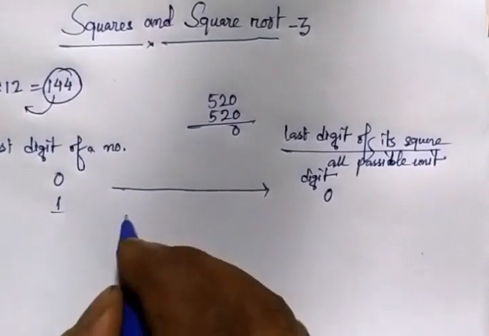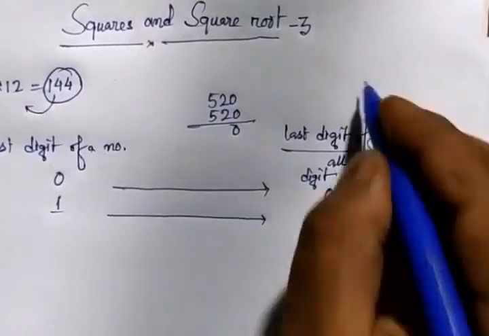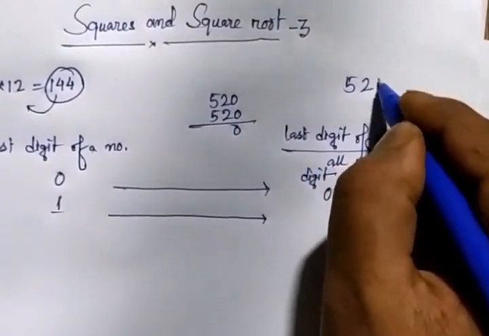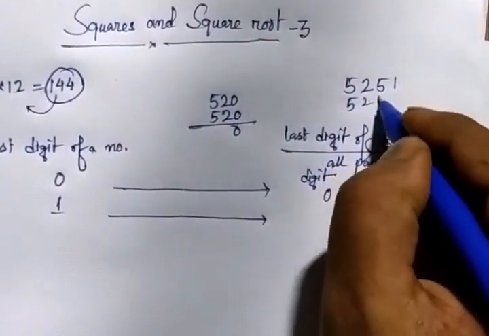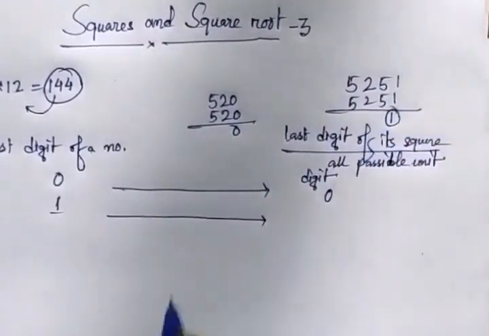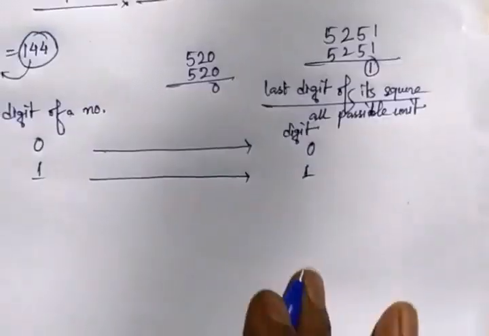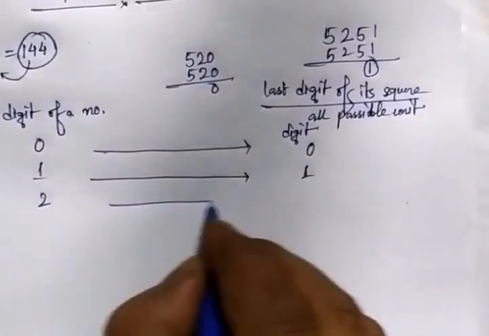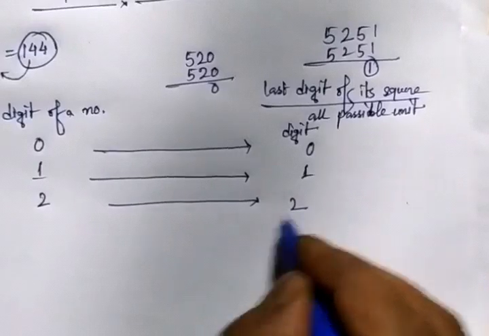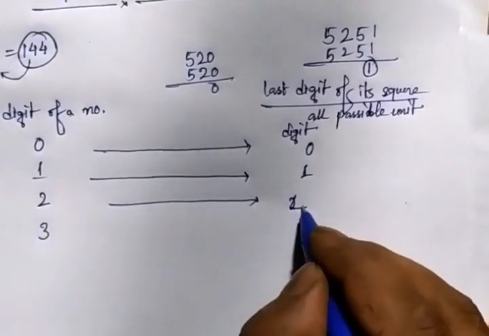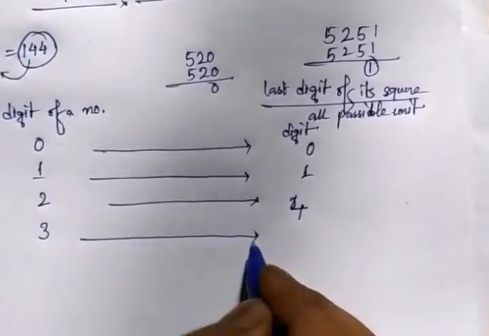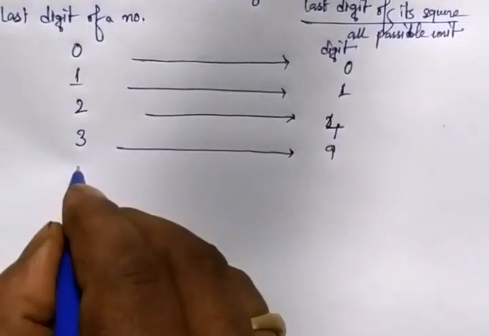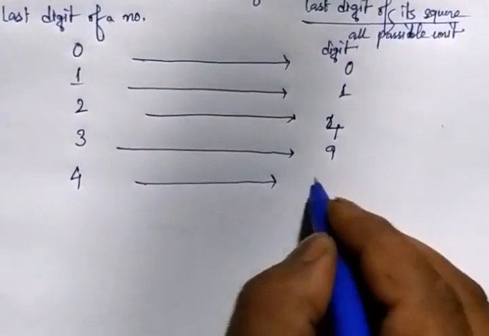If the last digit is 1, for example 5251, the last digit of the square is 1. Similarly, in case of 2, the last digit is 4. In case of 3, it becomes 9. In case of 4, it becomes 6.